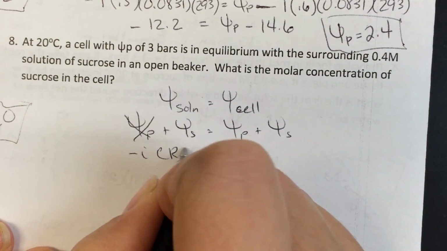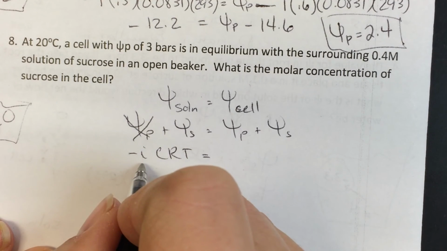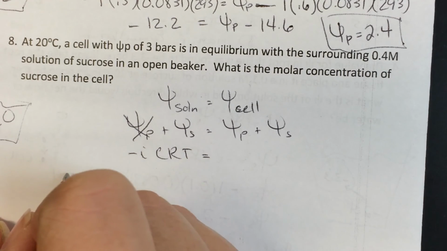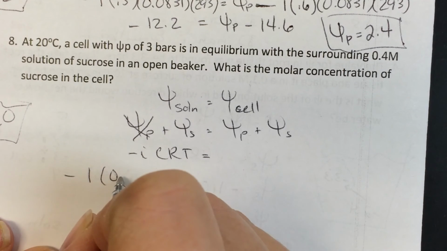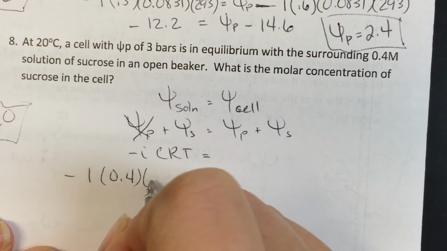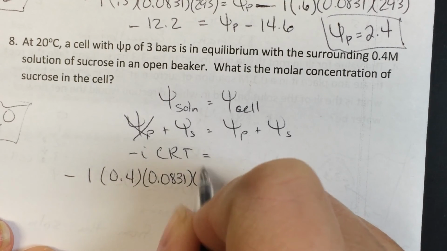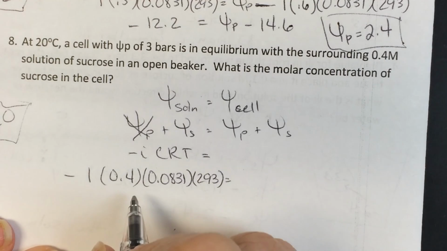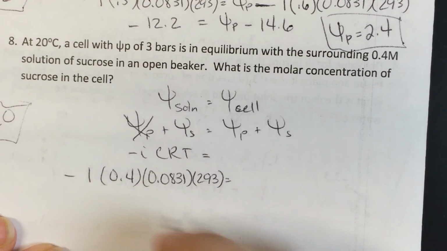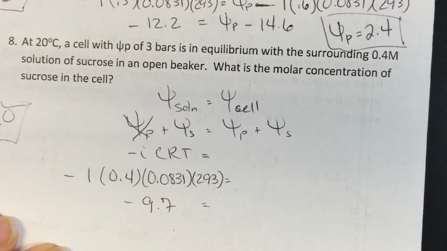To do that, we're in a sucrose solution, so I have negative 1 times my concentration, which is 0.4 molar, times the gas constant, 0.0831, times my temperature, 293. Working those values, you should have negative 9.7.